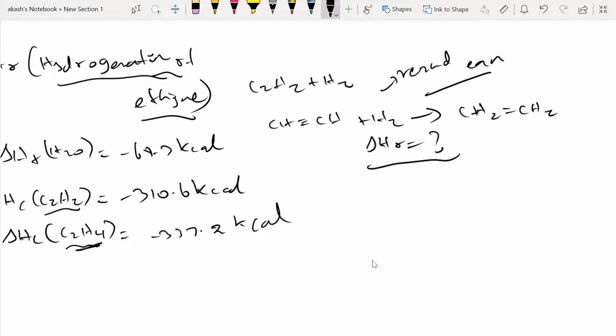Heat of formation of CO2 is not required. It is going to get cancelled, right? If you're doing it by the first-understood method, you will not be able to do it. But if you do it by the reaction method, doing something to the reaction, eventually it'll cancel out. Don't worry about it.